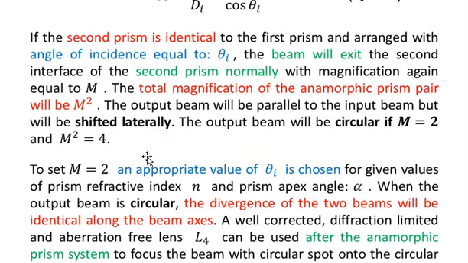A well-corrected, diffraction limited and aberration free lens L4 can be used after the anamorphic prism system to focus the beam with the circular spot onto the circular cross-section of the active medium rod placed at an appropriate distance away from the lens L4.